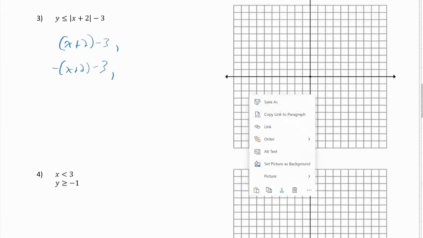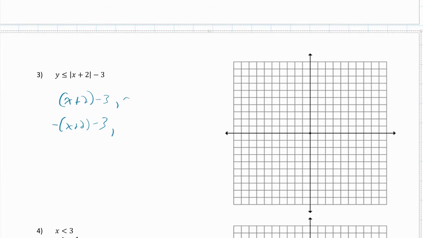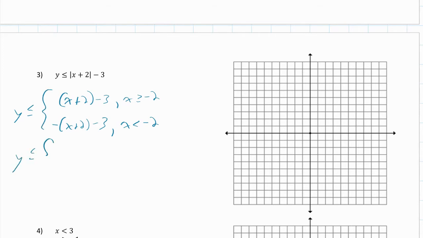It's x plus 2 minus 3 if x is greater than or equal to negative 2, and negative x plus 2 minus 3 if x is less than negative 2. That's the piecewise function. Let's simplify that a little bit. The first one can be x plus 2 minus 3 is x minus 1. The second one can be negative x minus 5.